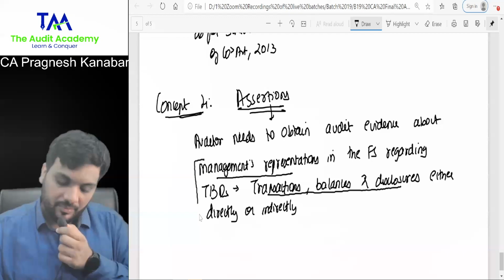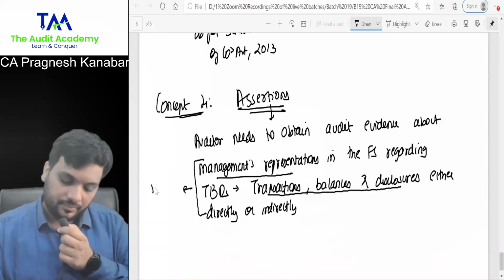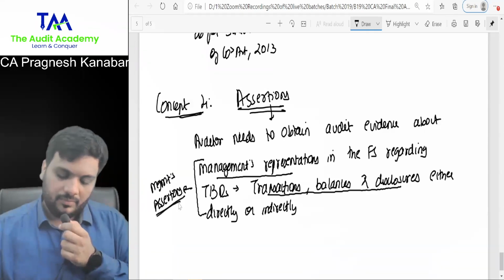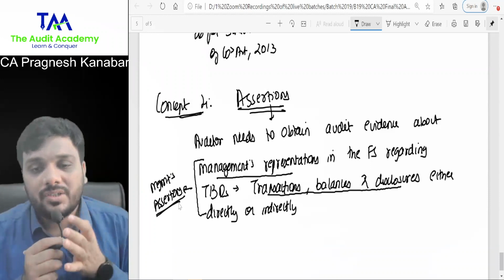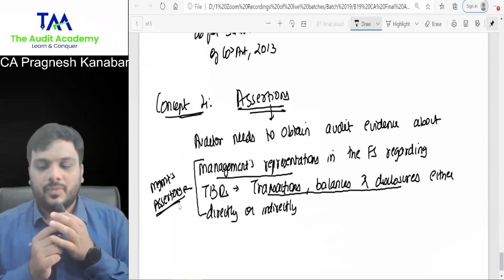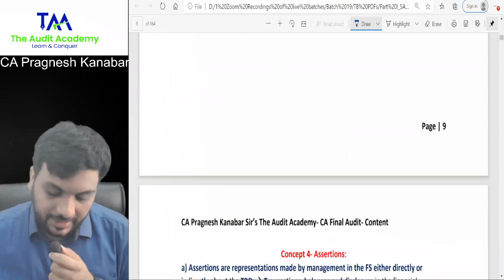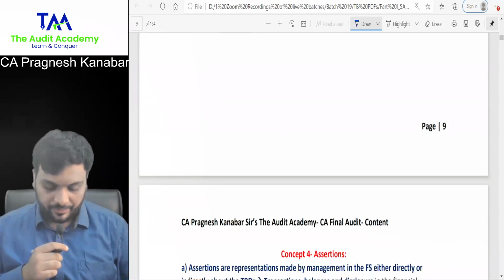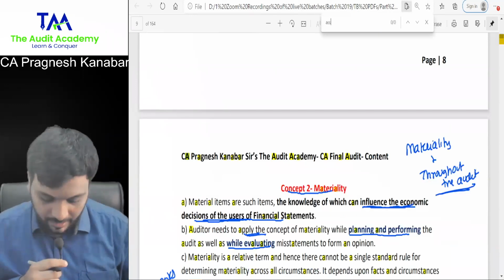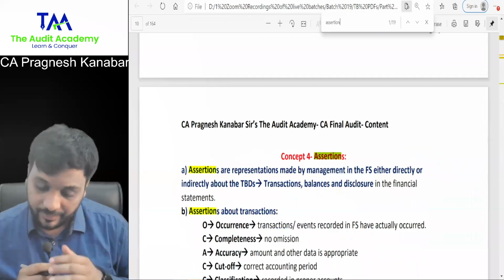So these are nothing but management's assertions. For the students who are not focusing, let me just put it up in this manner. No, I think this awareness is necessary.